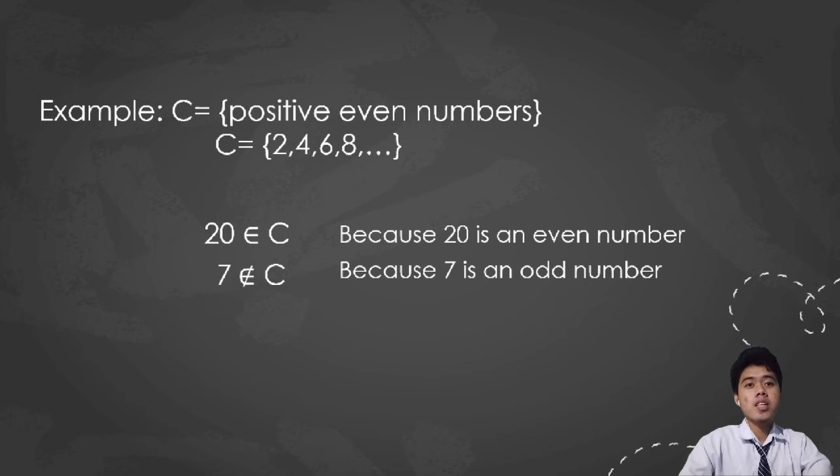It is element kasi even number siya. Wala naman sinabi na kung hanggang saan lang yung positive even number na sinabi. So, 20 is an element of set C because 20 is an even number. How about 7? Hindi. So, 7 is not an element of set C because 7 is odd number.